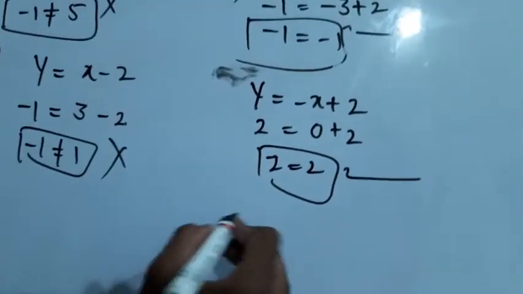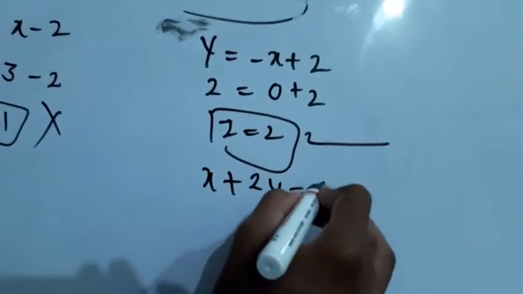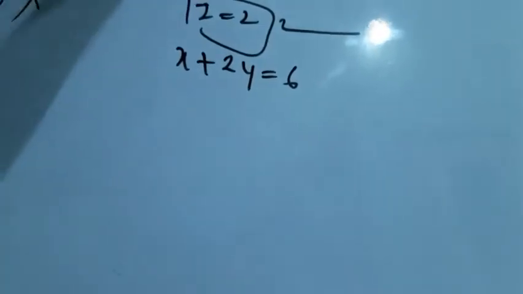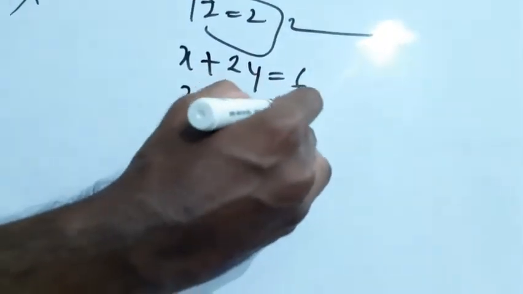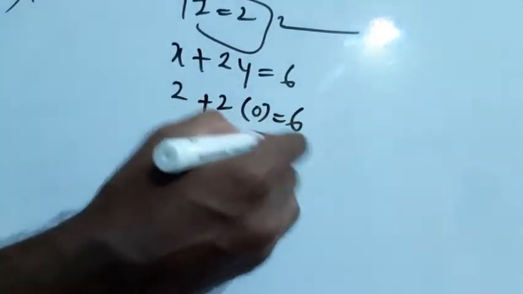Now next, x + 2y = 6. What is the value of x here? 2. What is the value of y here? 0. 2 into 0 is nothing but 0.